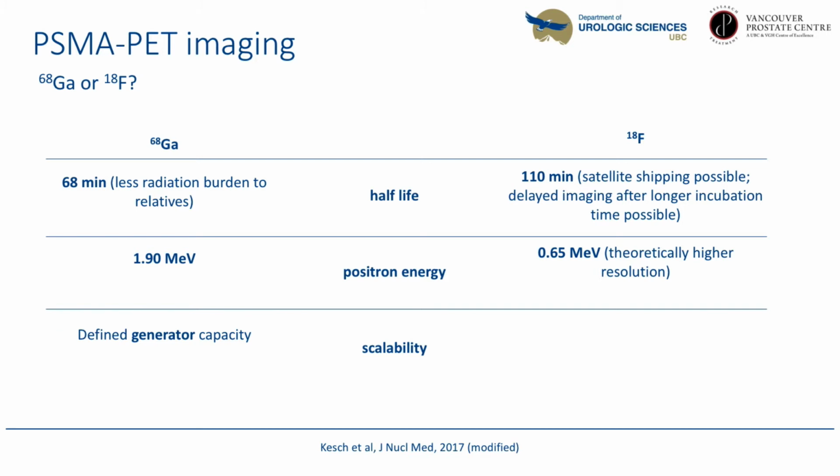Gallium is produced by a generator, which means there is a defined capacity, whereas fluorine-18 is produced by a cyclotron, which means it can be produced as much as you need at the time of the examinations.